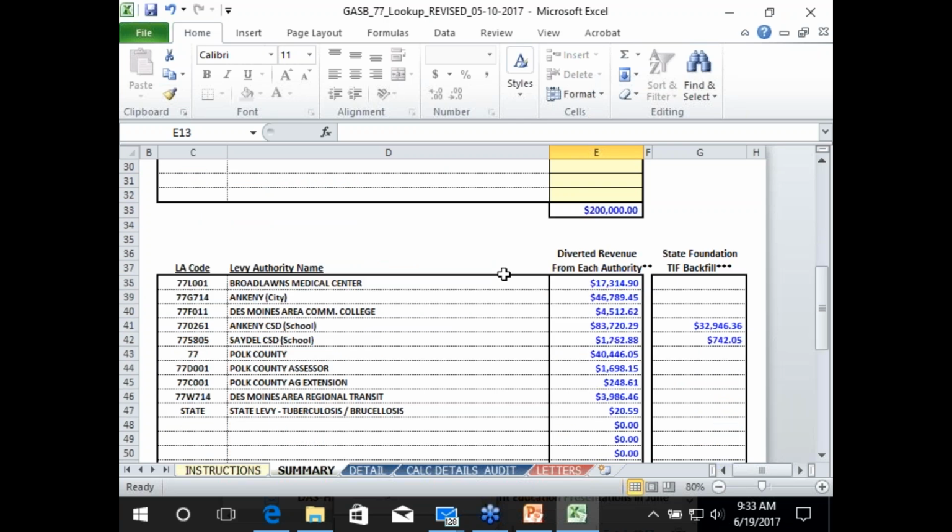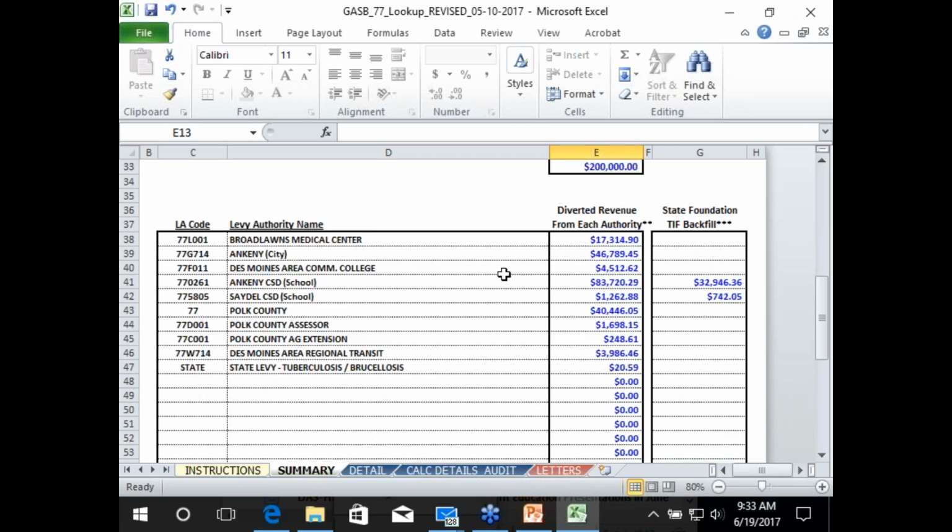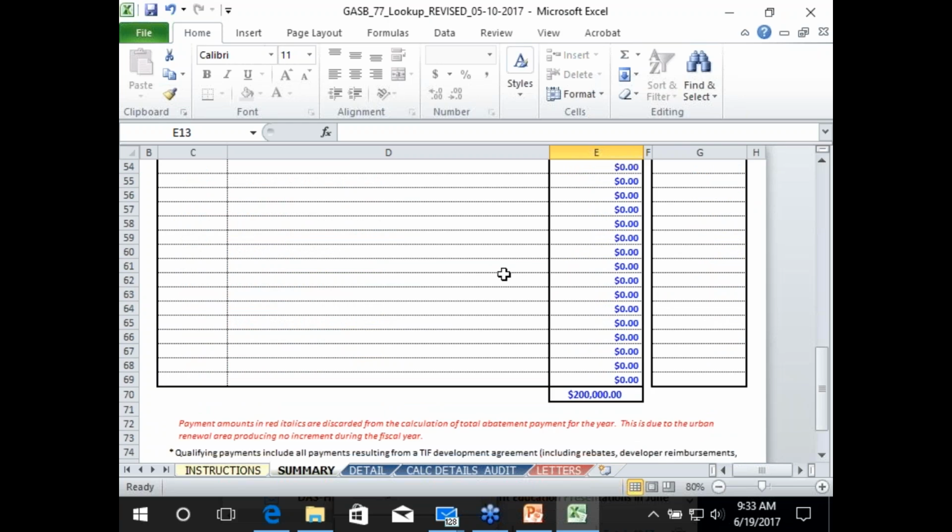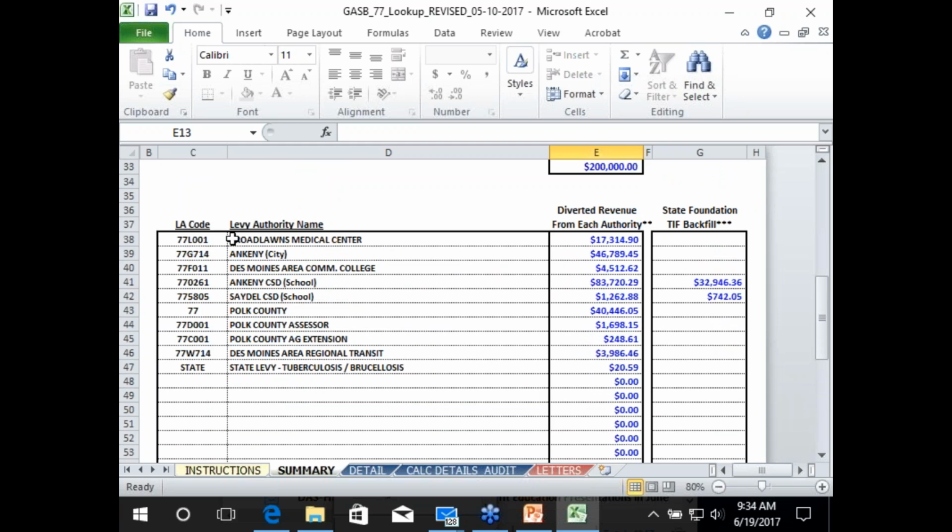Okay, so what this tool does is it goes through and calculates, spreads that $200,000 over the various entities, levy authorities that get that tax. For example, Broadlawns had $17,000 that it would have otherwise got that was diverted to TIF for that year.